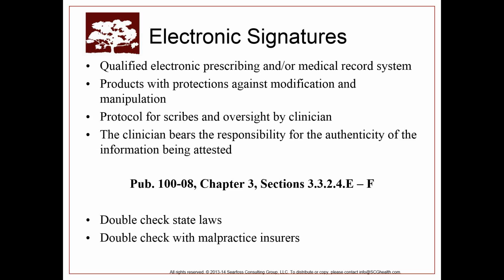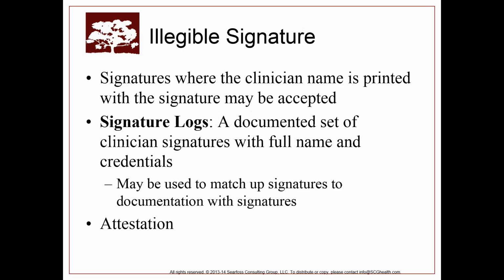The review of the medical record and the totality of everything that was documented needs to be done, and the individual clinician is going to review the information and then authenticate it and sign it. That still is their responsibility. Double check your state laws. Also, I always think you should call your malpractice insurers and find out what they want. There are a number of different systems out there right now that have very different aspects to them, and different words that are used. So definitely talk to your malpractice insurer and see what best practices they're looking for.